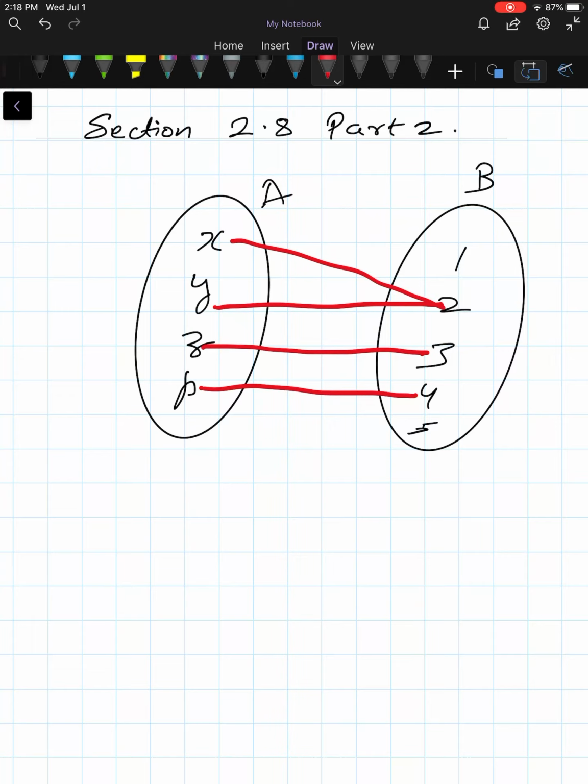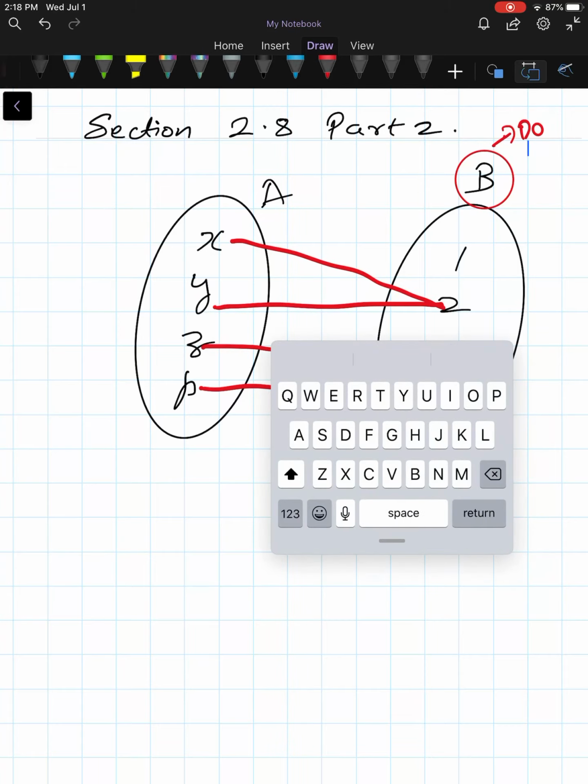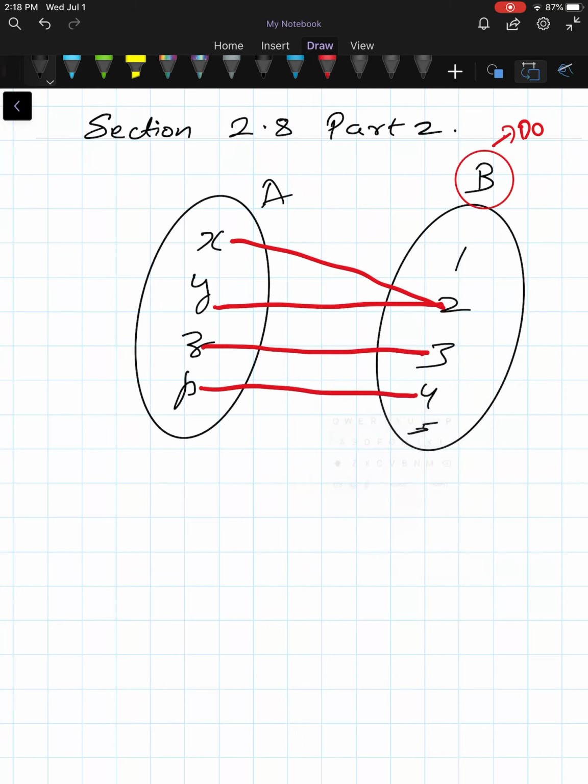Suppose for the inverse to exist, then the codomain will become the domain of the inverse function. Codomain will become the domain of the inverse function. So this will be the domain of the inverse function.